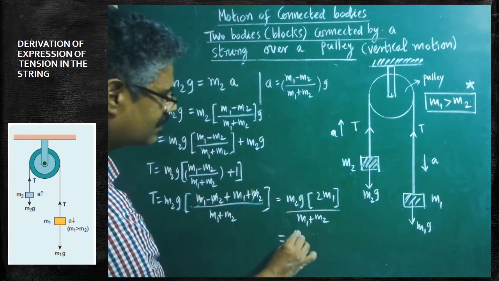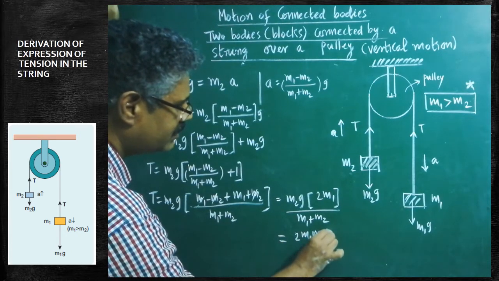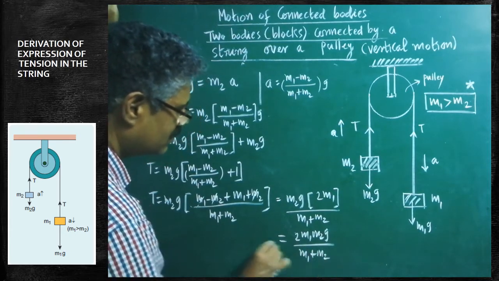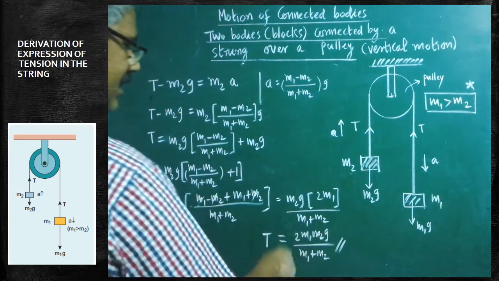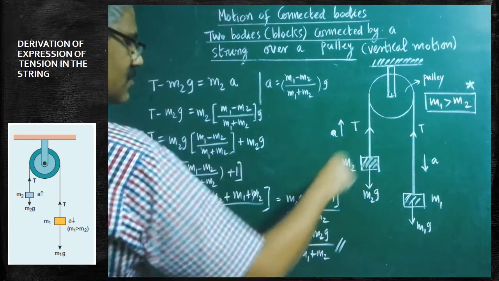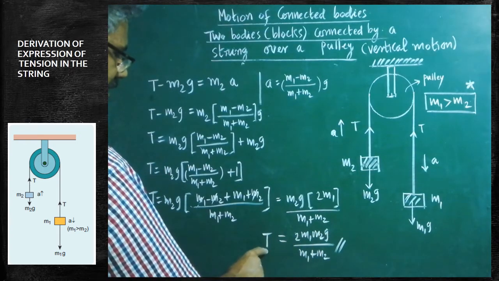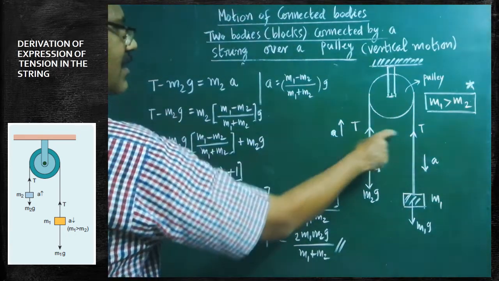So we can write it as T = 2m1m2g divided by (m1 + m2). This is the expression for tension. So this much tension is acting here and there also. Are you clear? By knowing the values of the masses and the acceleration due to gravity, we are able to calculate the tension acting on either side.